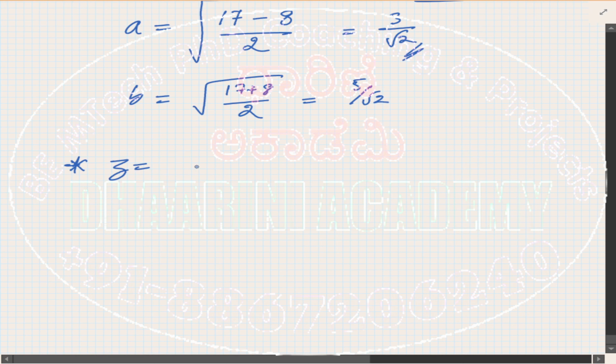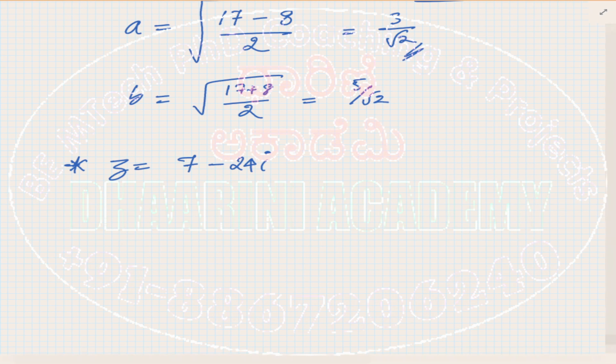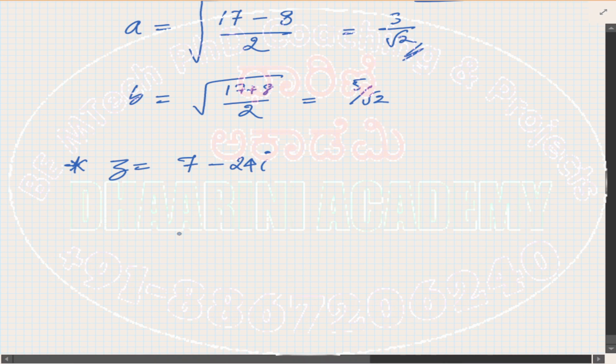Find the square root of z is equal to 7 minus 24i. We get a is equal to square root of 32 by 2, so this is 16, root 16 equal to 4, correct answer. Next.